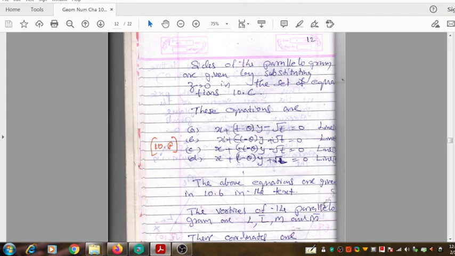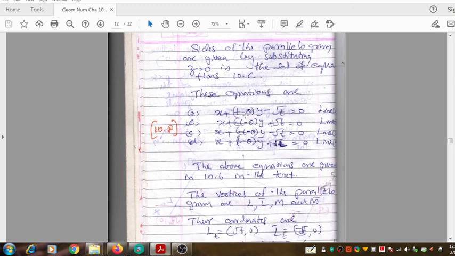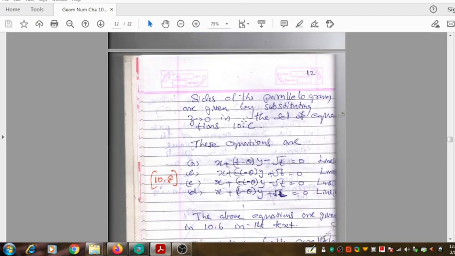Then p is equal to x. By taking p equal to x, we get the reduced equations x equal to plus root t and x equal to minus root t.